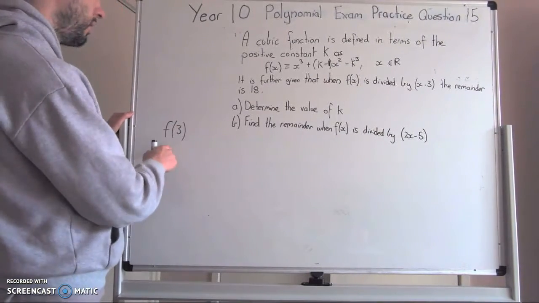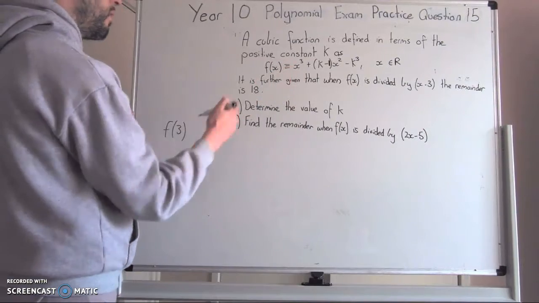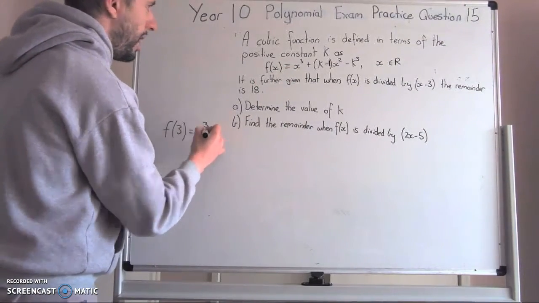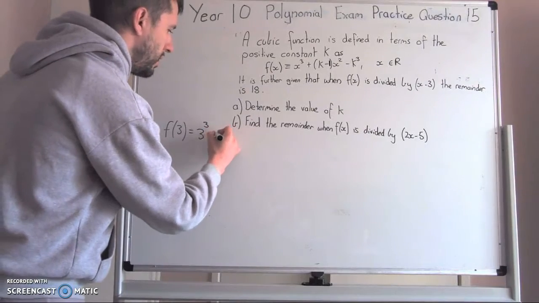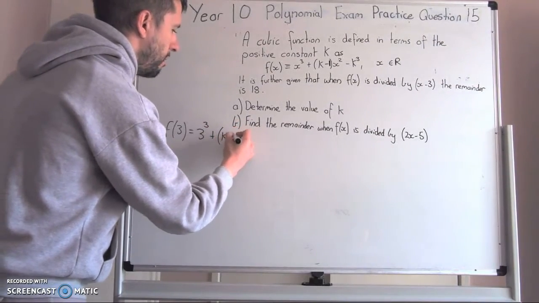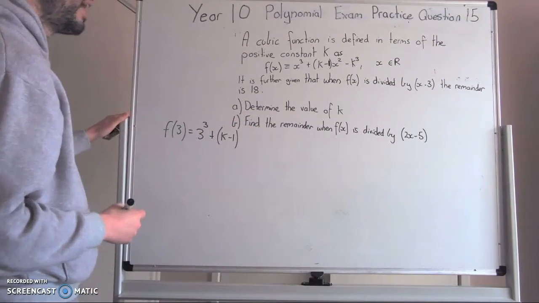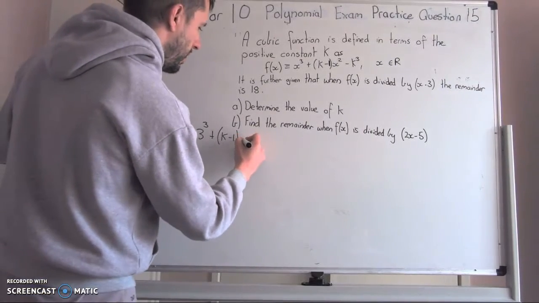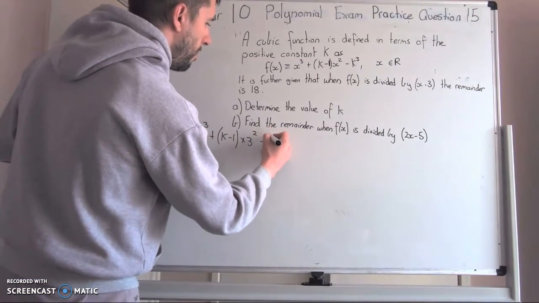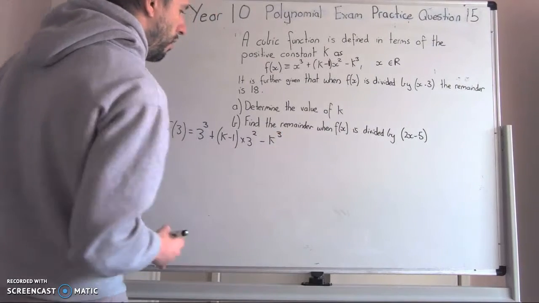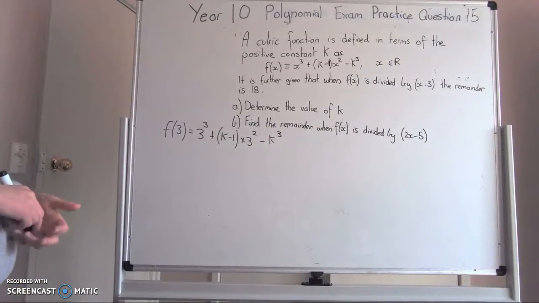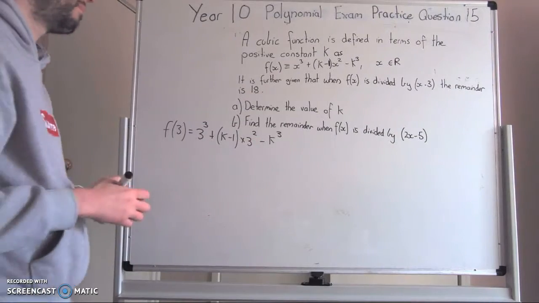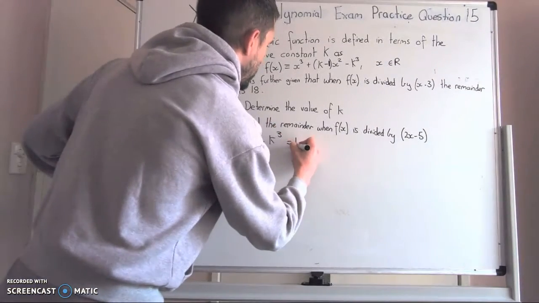I've got 3 to the power of 3, plus, in brackets, k minus 1, and then times 3 squared, minus k to the power of 3. Now it says that the remainder from this is 18. So that means this must equal 18.